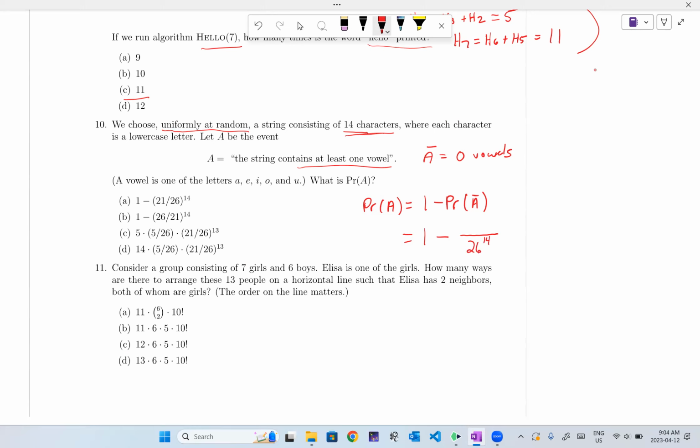And the event is, well, the string contains 0 vowels. Now I'm choosing a string of length 14, but I have 21 letters to choose from, right? Because I've taken away the vowels. So this is 21 to the 14, which you can rewrite as 1 minus 21 over 26 to the 14. And yeah, so that looks like A in this case.